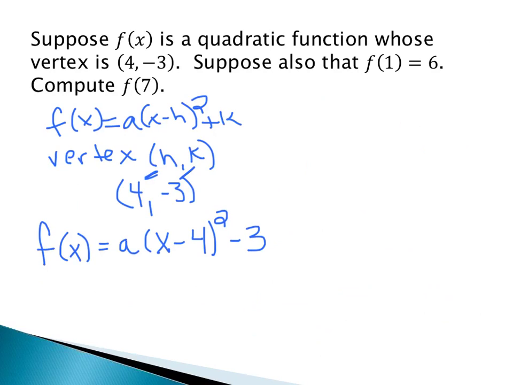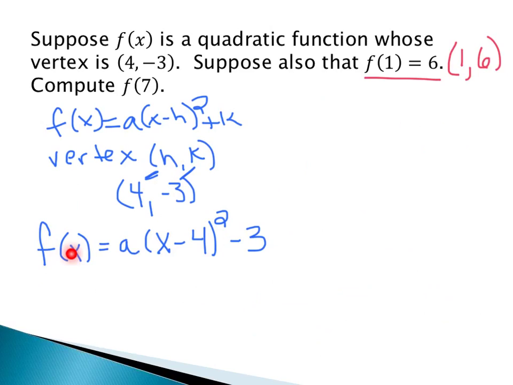We also have this point here, f of 1 equals 6. Well, that's saying when x is 1, y is 6. We can substitute that into our equation and put x is 1 and y is 6, and then we can solve that for a.